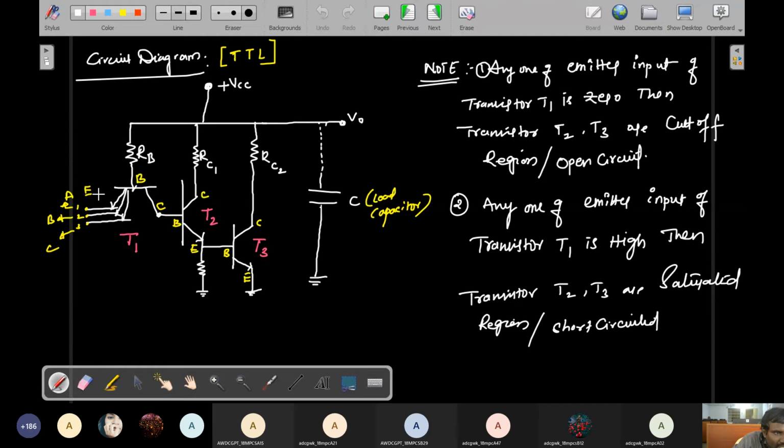If I supply 0 as one of the values, the forward bias is very less, and compared to that the reverse bias is also very less. So the collector current, whatever current is drawn from this collector, is very less. Due to this very small current, we are connecting a very small input signal to the second transistor.